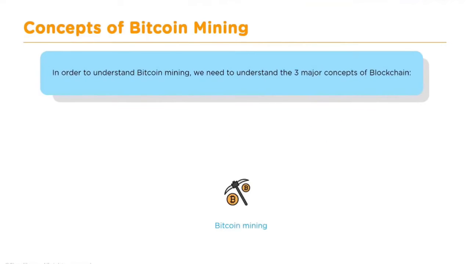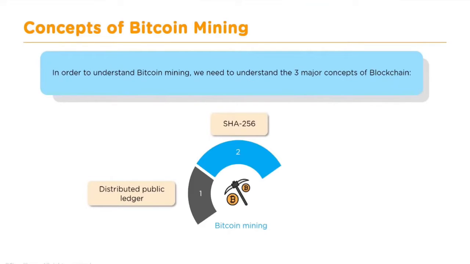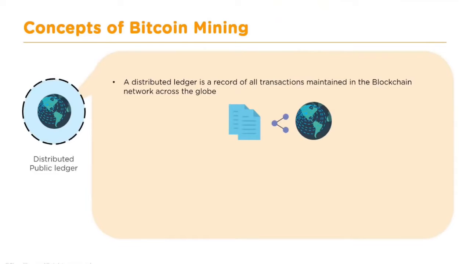Now in order to understand Bitcoin mining, we need to understand three major concepts of blockchain. It is based on a distributed public ledger. It uses the SHA-256 encryption algorithm, and proof of work is the underlying consensus algorithm for Bitcoin mining. So, distributed public ledger. A distributed ledger is a record of all transactions maintained in the blockchain network across the globe.